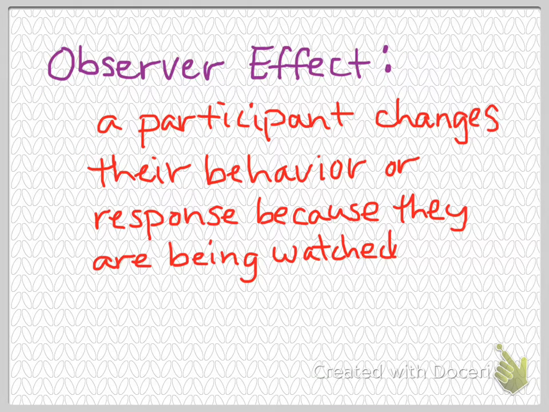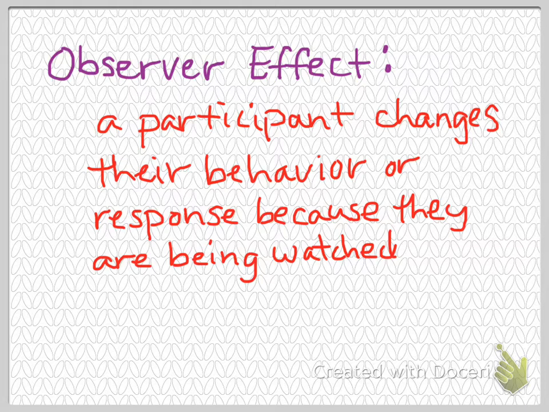The observer effect. This is when a participant changes their behavior or response because they are being watched. This happens if somebody knows that someone's checking up on them, and so they decide, hey, I don't want to answer the question, do you smoke? Maybe if you're answering questions in front of your mom, you don't want to say, yeah, I smoke.